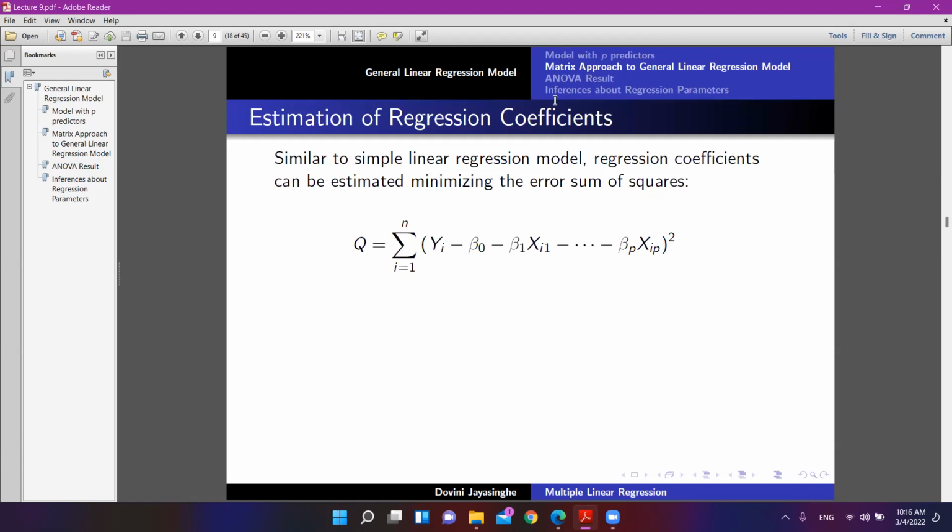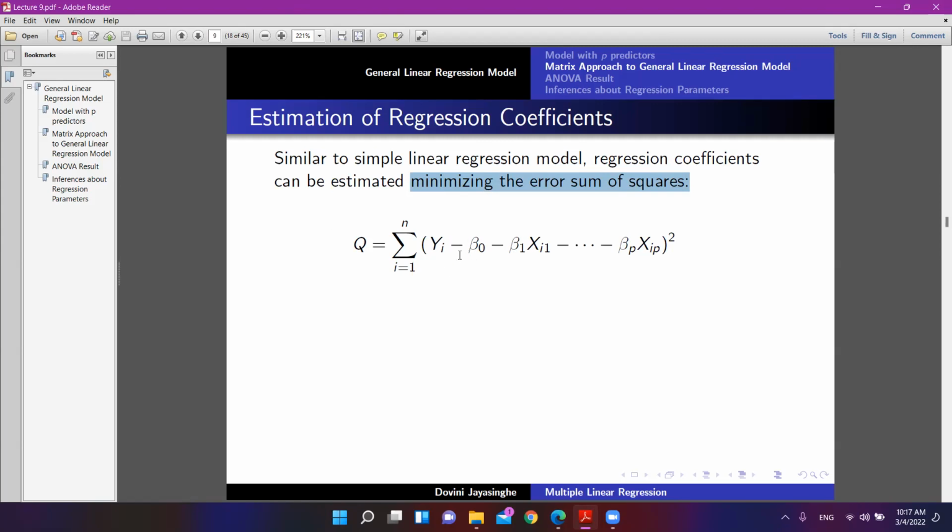If you have any questions, please interrupt me and ask. Otherwise, I'm continuing. Estimation of regression coefficients. Similar to the simple linear regression model, regression coefficients can be estimated by minimizing the error sum of squares. You can either go with maximum likelihood, but last time we discussed how to minimize the errors. So what is the error here actually?